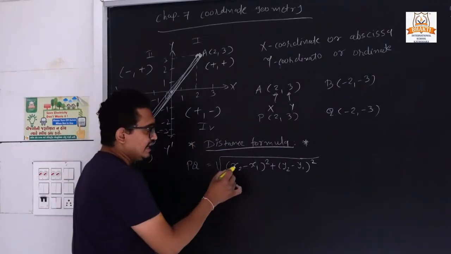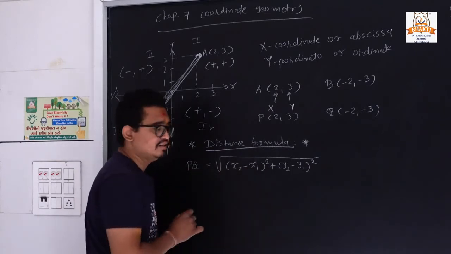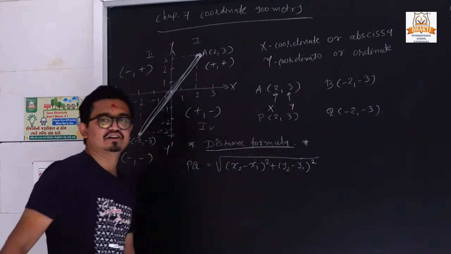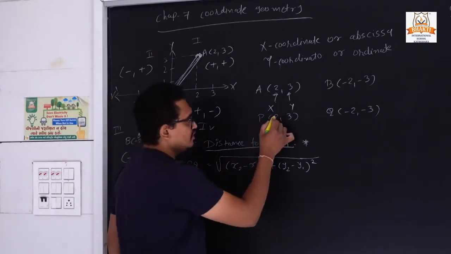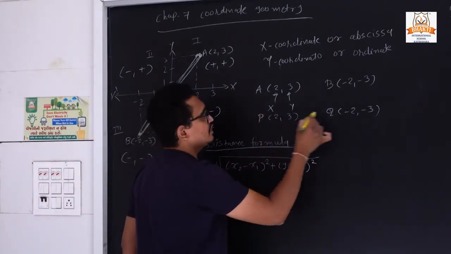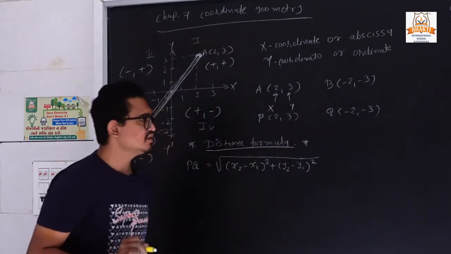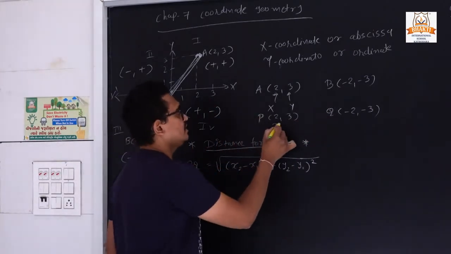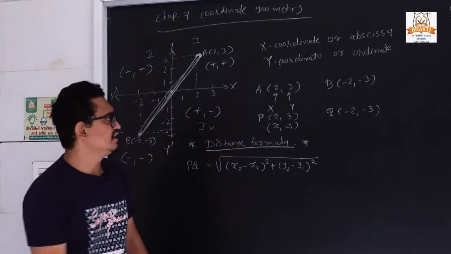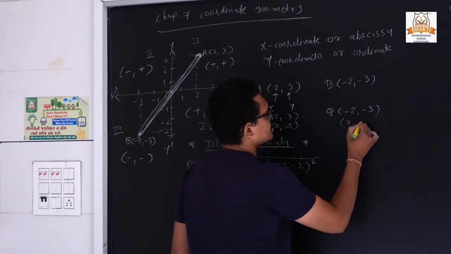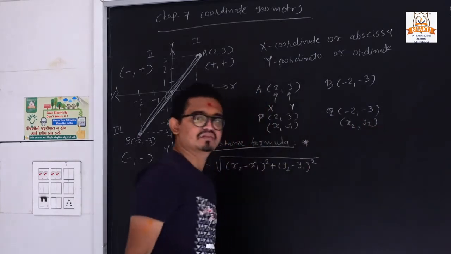The formula is like this: under root, x2 minus x1 all square plus y2 minus y1 all square. It means, suppose that is our P coordinate and that is our Q coordinate. So first coordinate we can declare as x1 and y1, and for Q we can declare x2 and y2.